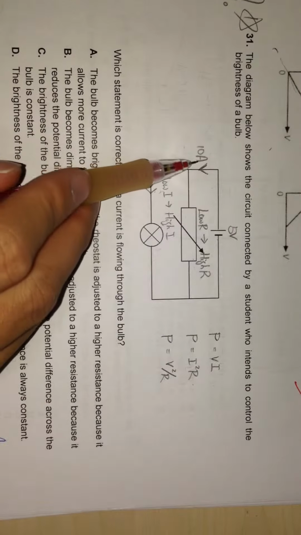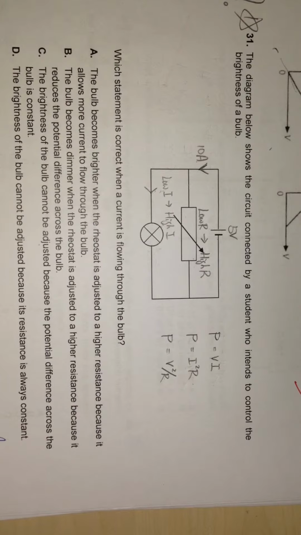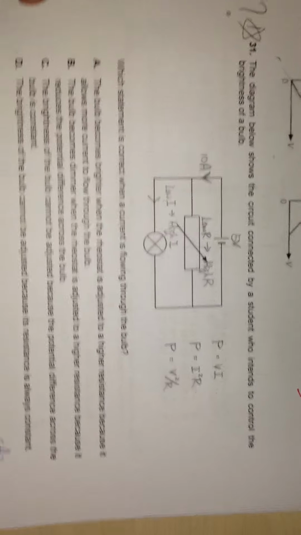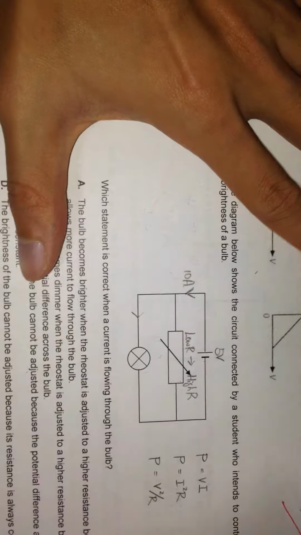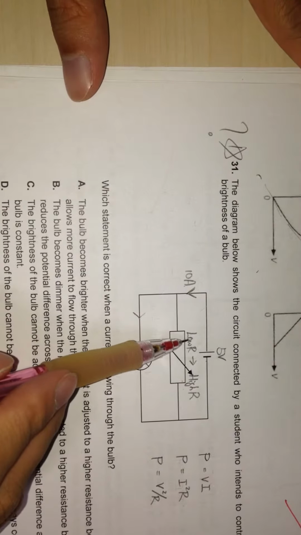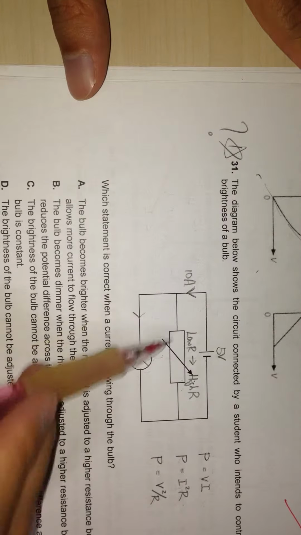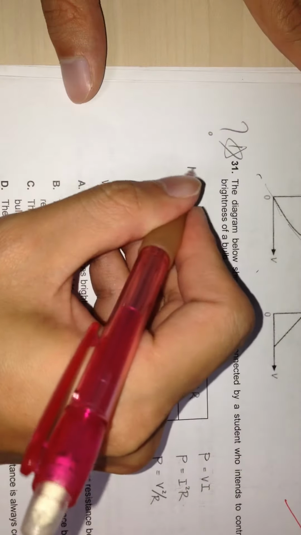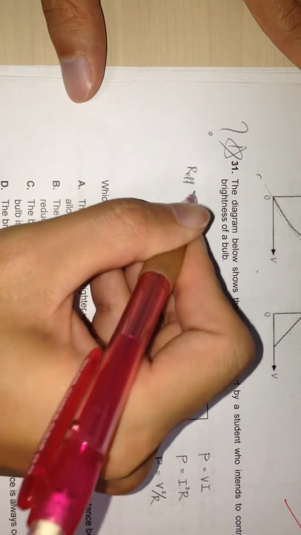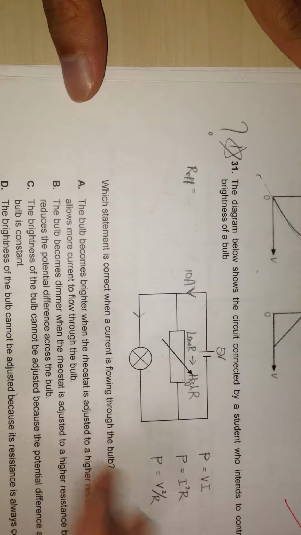But is this main supply going to be constant? Let us analyze this. Now what happens is that when you change it from low R to high R, you are changing the effective resistance of the whole circuit, right?